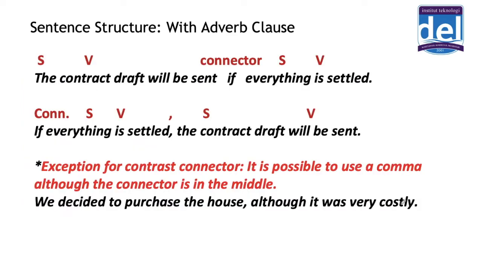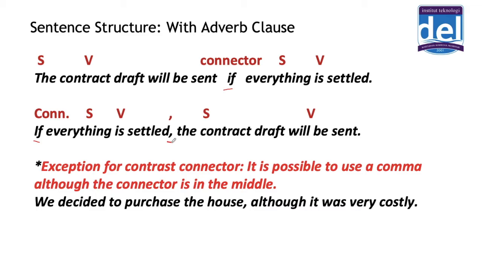Now I'm going to show you possible structures of sentences with adverb clauses. An adverb clause connector can be positioned either in the middle of the sentence or in the beginning of that sentence. Usually, if the connector is placed in the beginning of the sentence, we will need a comma. And this actually can be a hint for you when determining what is missing in a sentence.